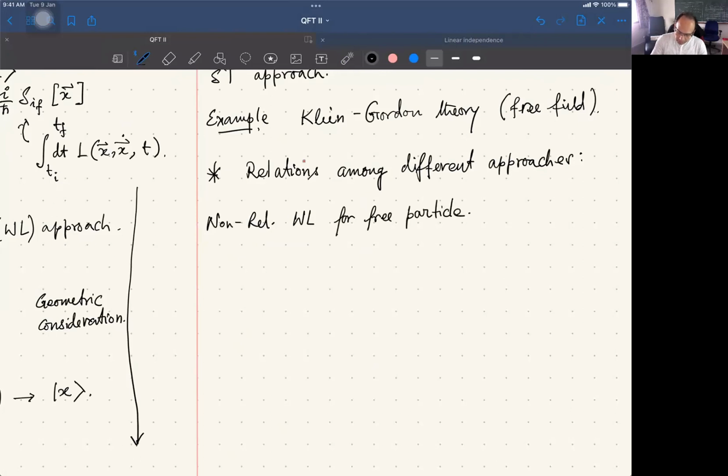From there, by geometric generalization, we arrived at a relativistic world-line approach for a free particle.